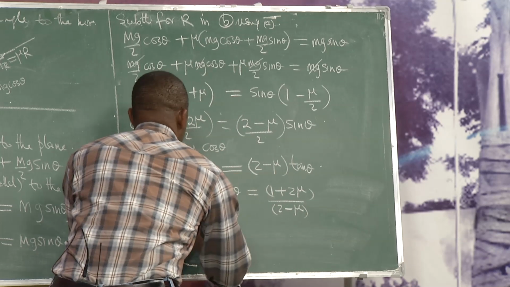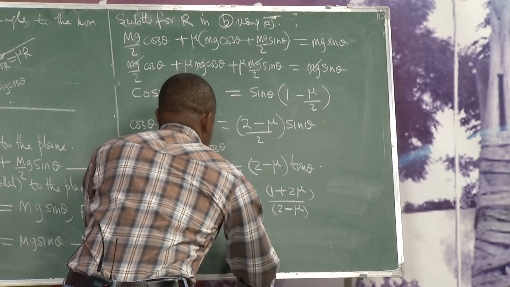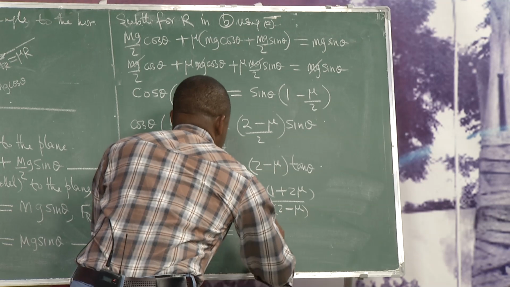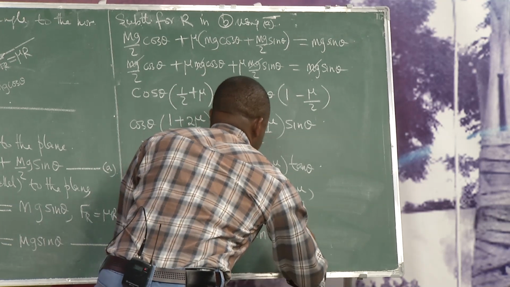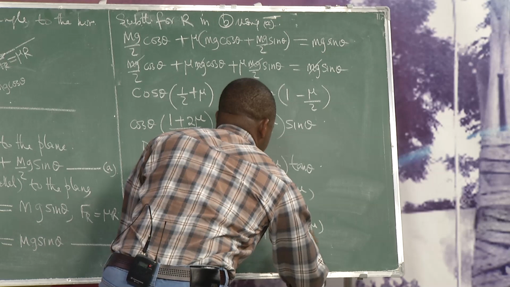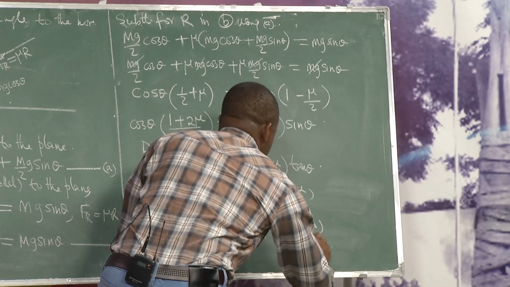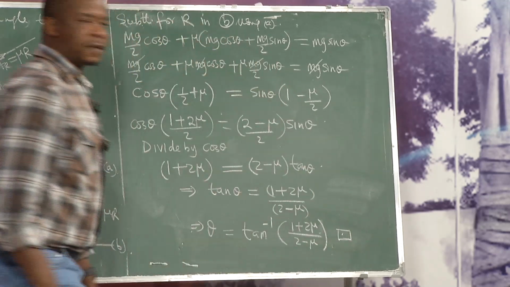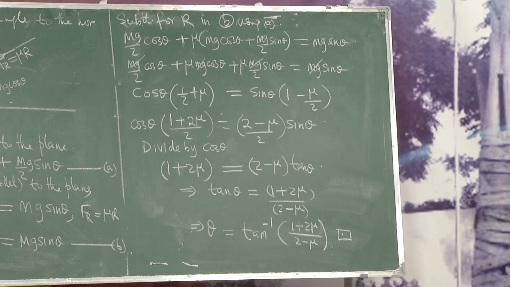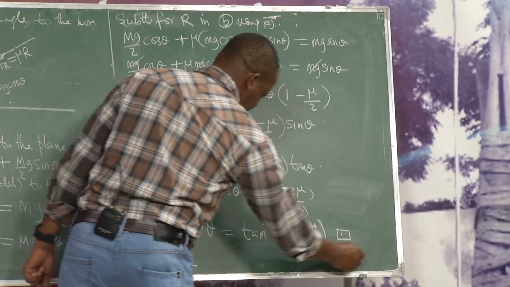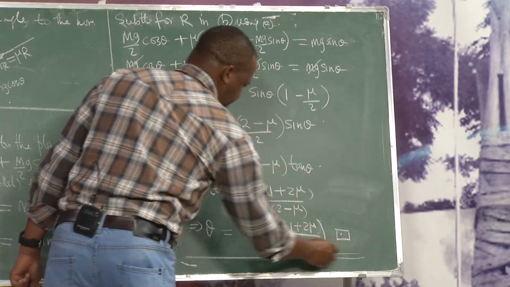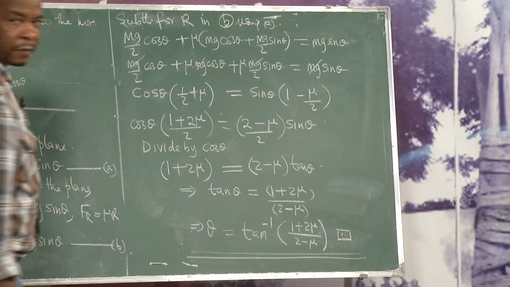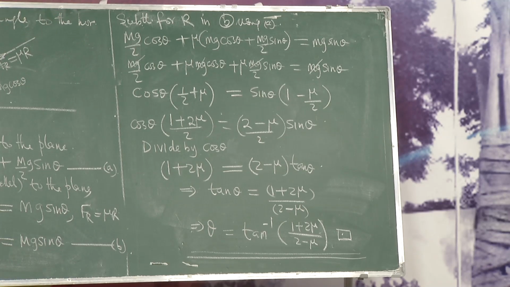And therefore, this implies that theta will be the tan inverse of 1 plus 2 mu out of 2 minus mu, as required to be shown. So systematically, once you follow the steps, you should be able to get what is required.